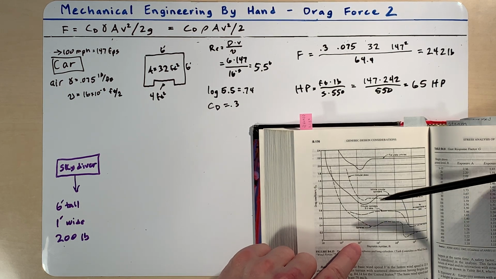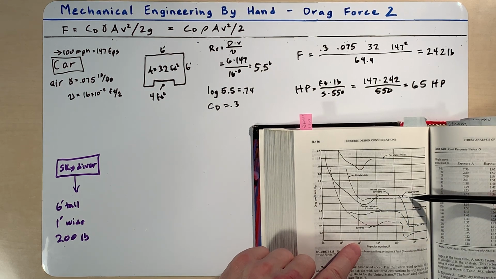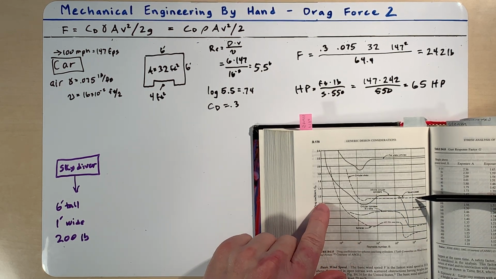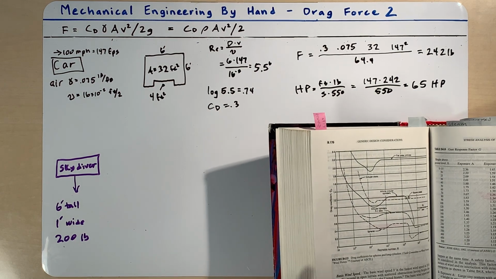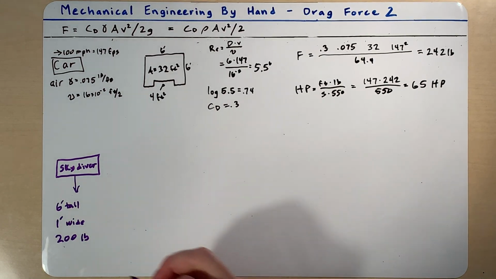So this drag coefficient number is steady from there on over. So that is 1.1, and that's what I'll assume the drag coefficient is.